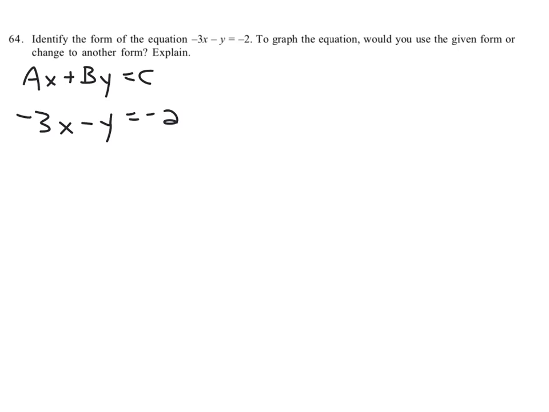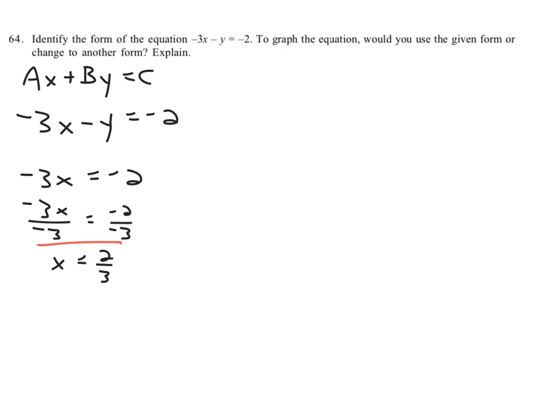You can graph standard form equations by taking just the x term, setting it equal to the constant, and then dividing both sides by the coefficient, and we get the place where the line intersects the x-axis, okay?